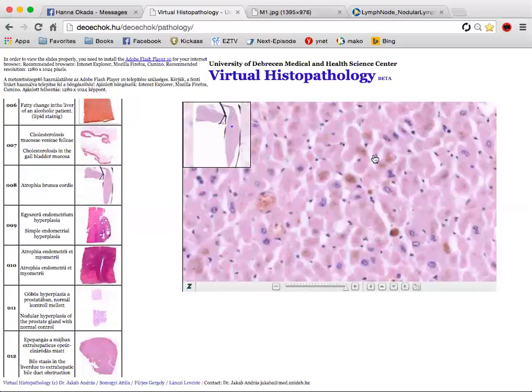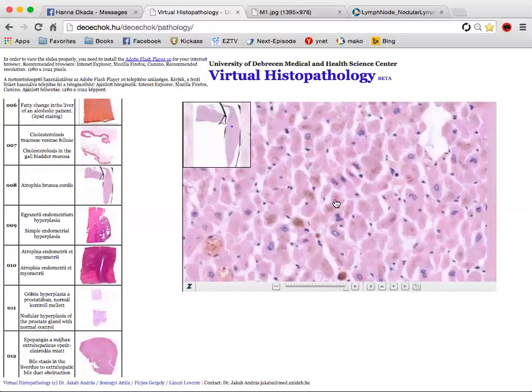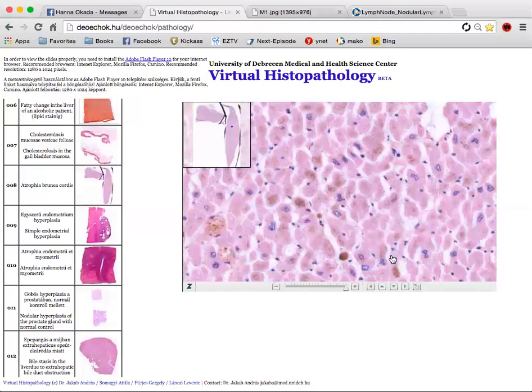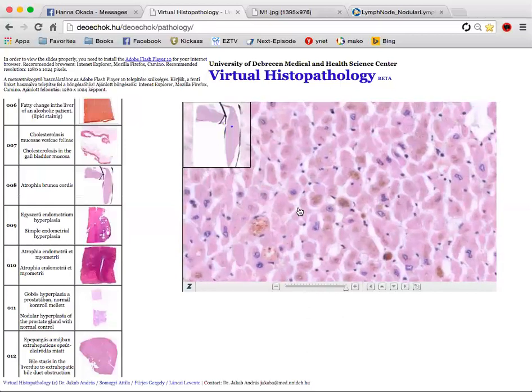Then if you look at this, these cells are shrunken. So this doesn't even look like cardiac muscle anymore. They're very shrunken, and you can see all this brown pigment here. And this pigment is lipofuscin.